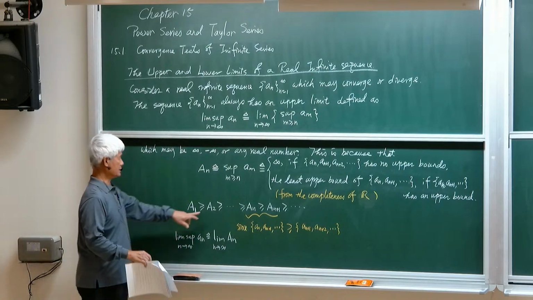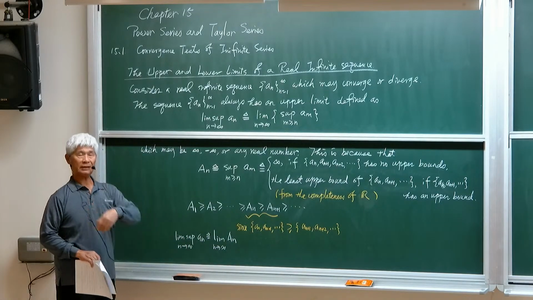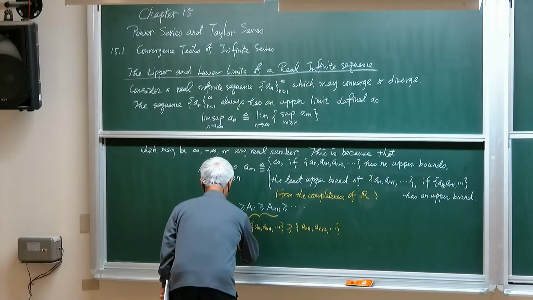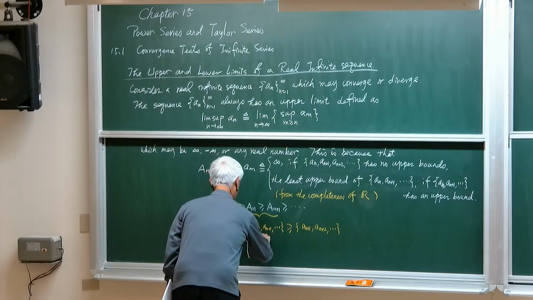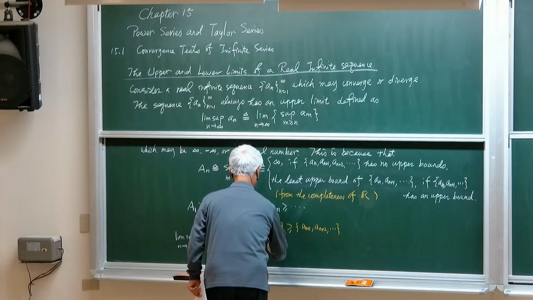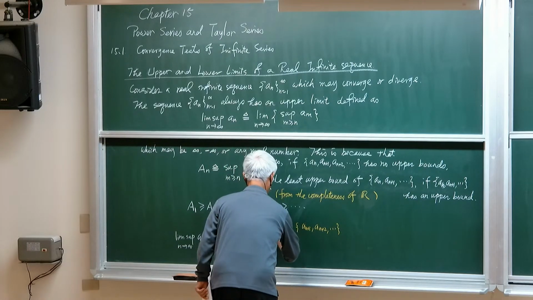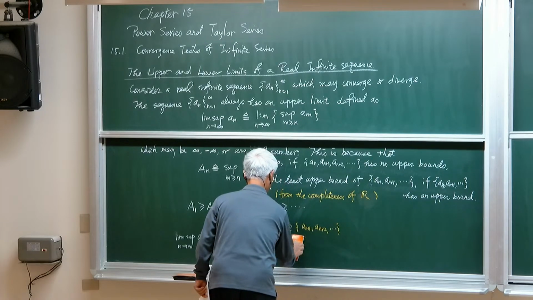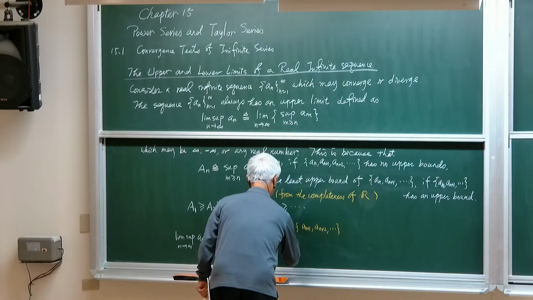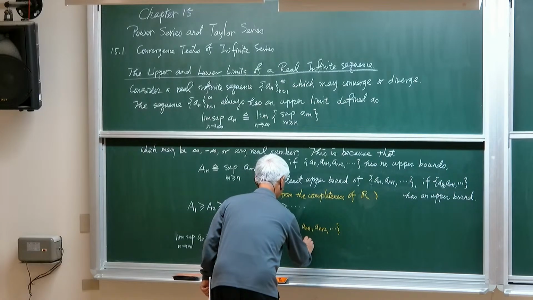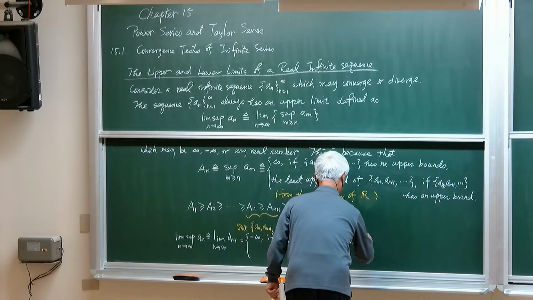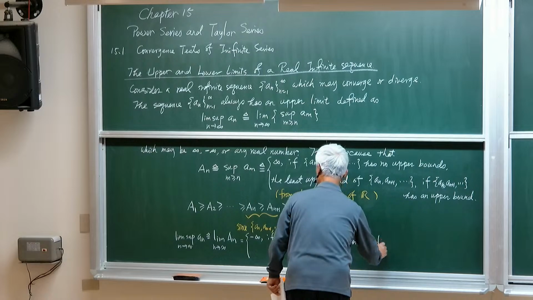And because A_n is a decreasing sequence, the limit of A_n is equal to minus infinity if the A_n's do not have a lower bound.